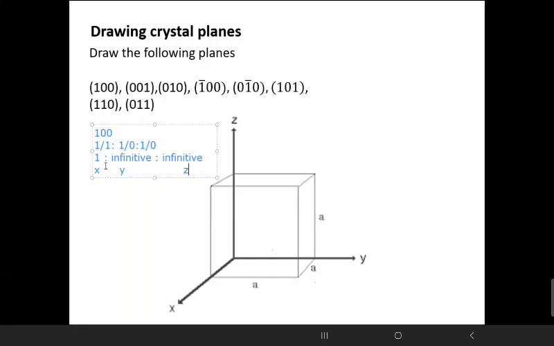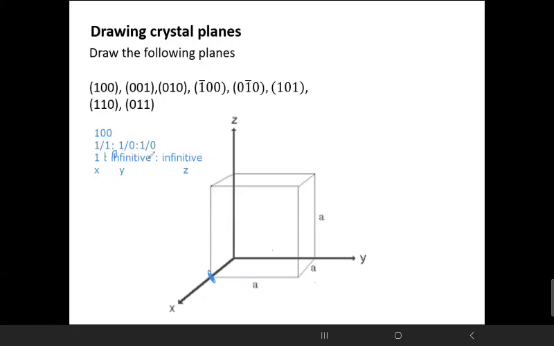If you find this type of plane, (1, infinity, infinity), the cutting point on the x-axis is 1, and the cutting points on the y-axis and z-axis are infinity. It means the plane does not cut at any point on the y-axis and the z-axis.